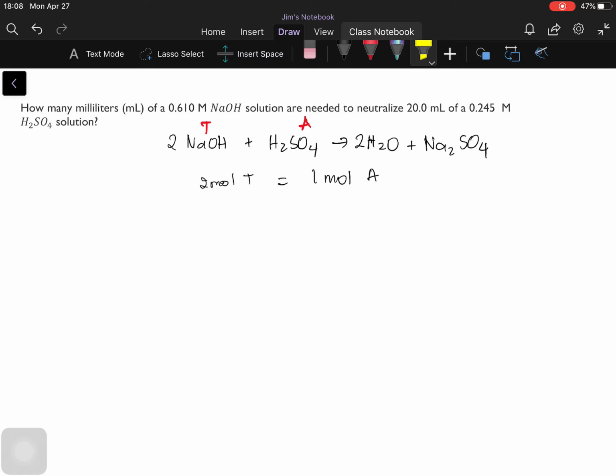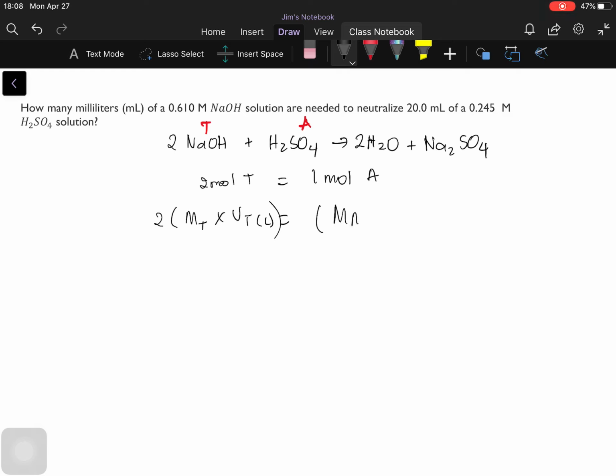Looking at this equation, we have the titrant in solution form, the analyte in solution form. So in order for us to solve for the moles of our substances, we'll express that in molarity times the volume. So that is 2 times the molarity of our titrant times the volume of titrant in liters, being equal to 1 mole of analyte.